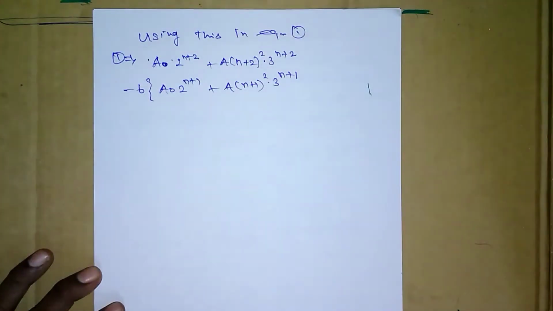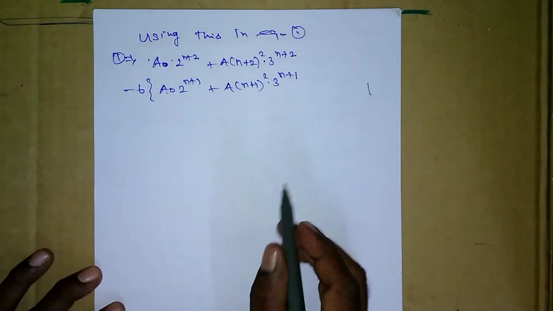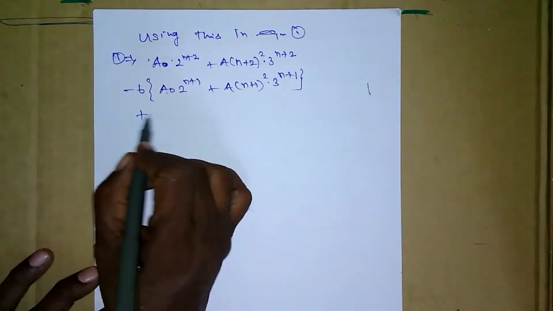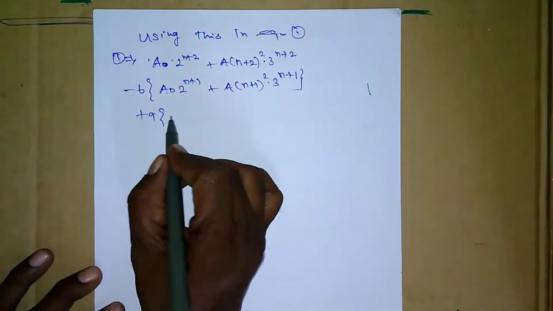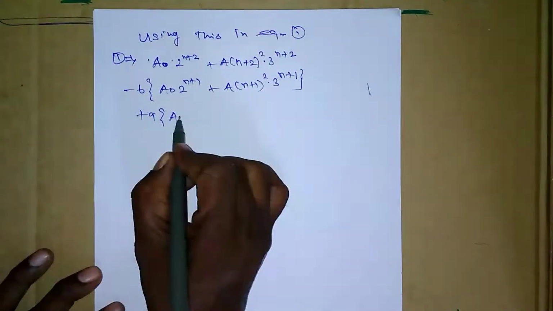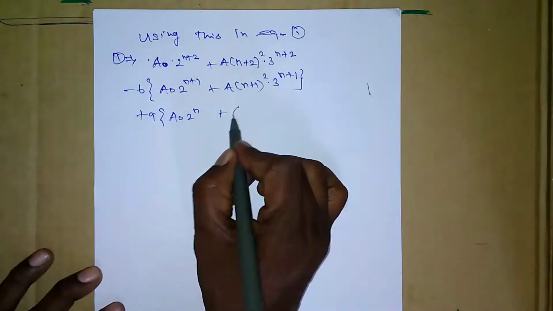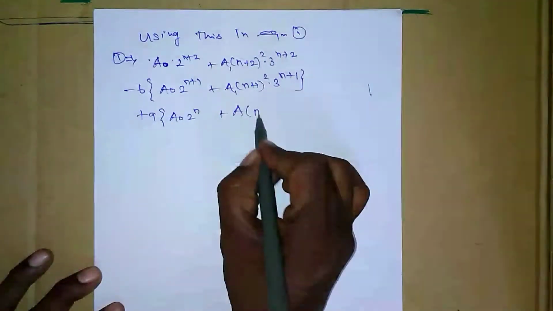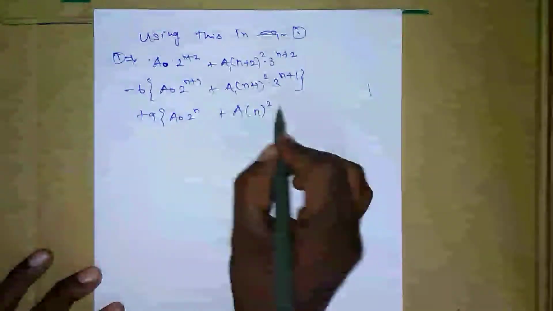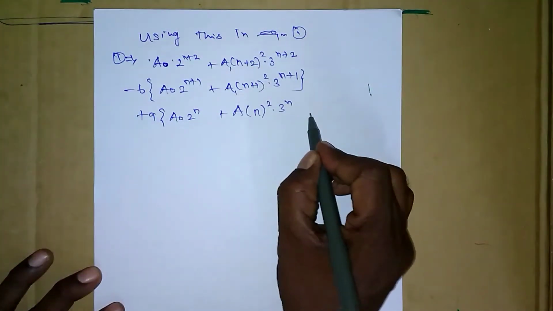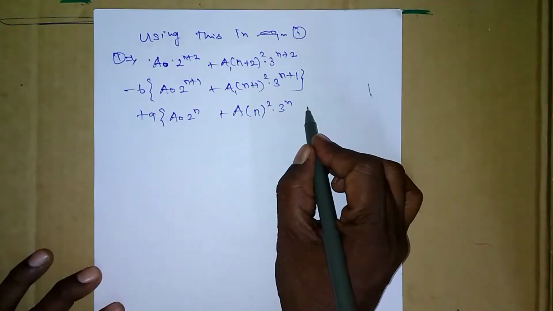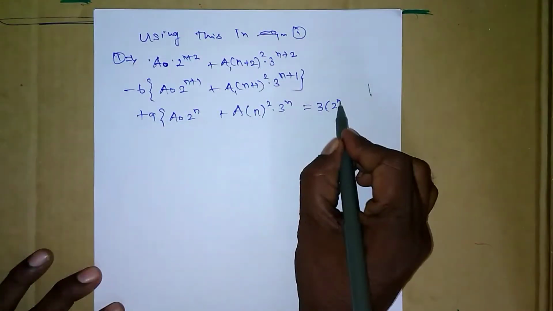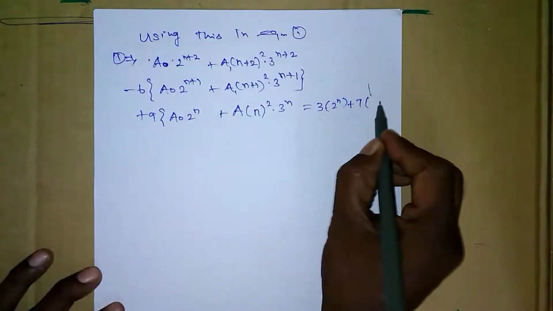This second term is over, plus 9 into a naught 2 power n plus a1 into n square into 3 power n. The whole thing is equal to 3 into 2 power n plus 7 into 3 power n.